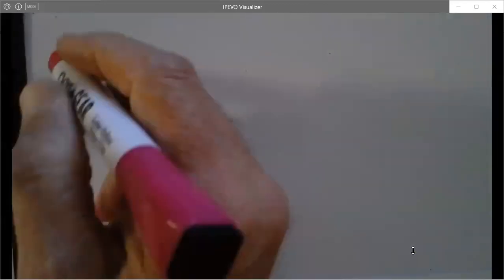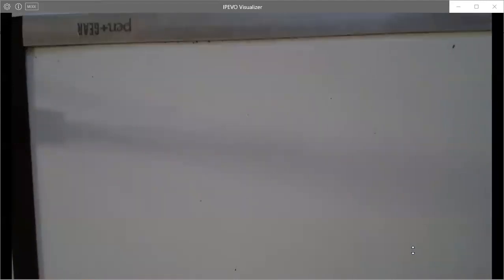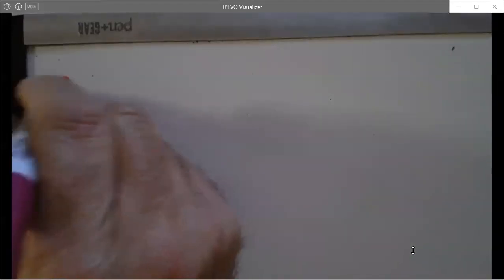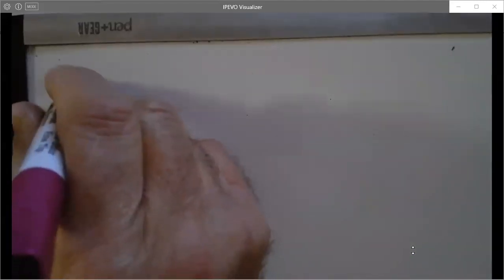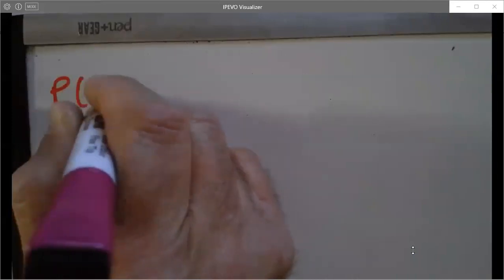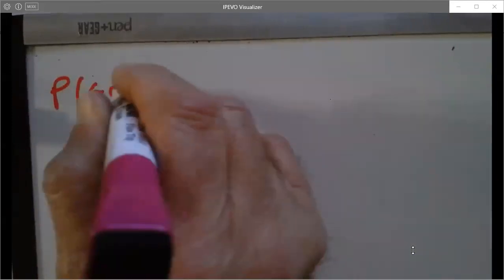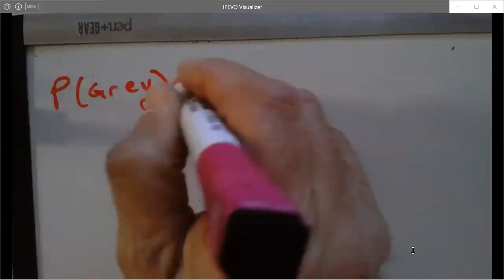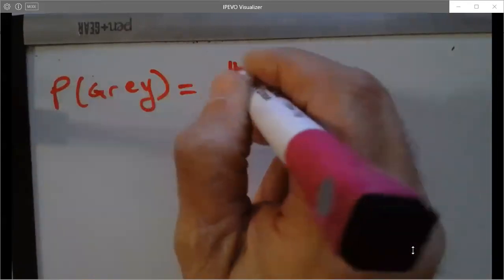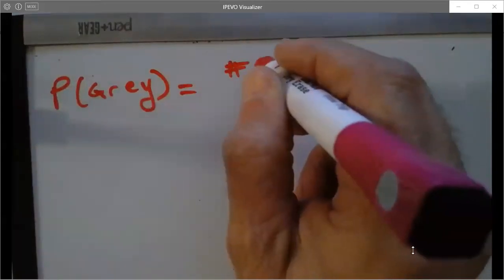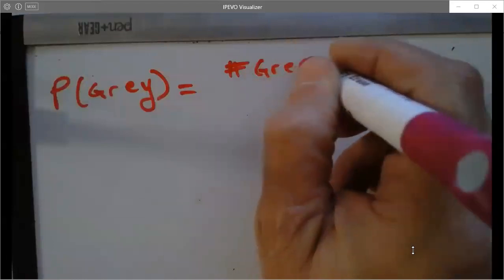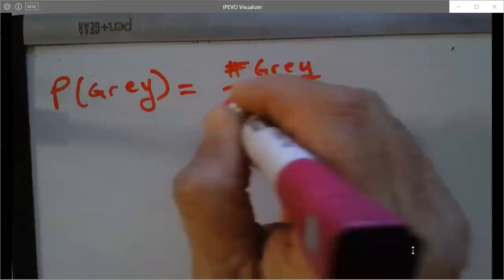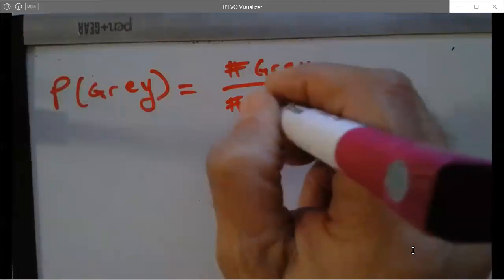All right, so the way probability works is the probability of it landing on gray. You want to know the number of gray spaces over the total number of spaces.